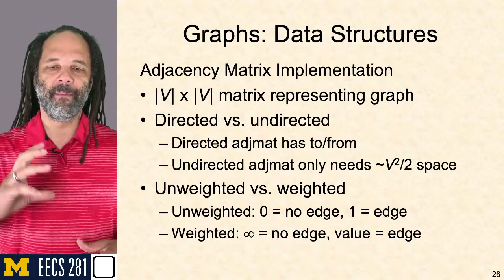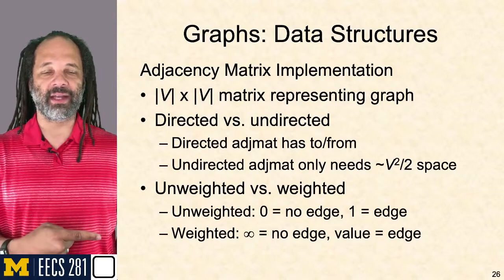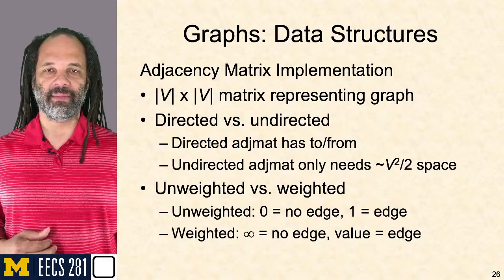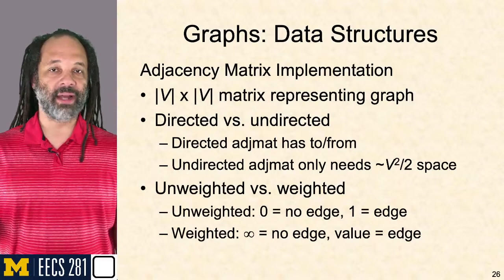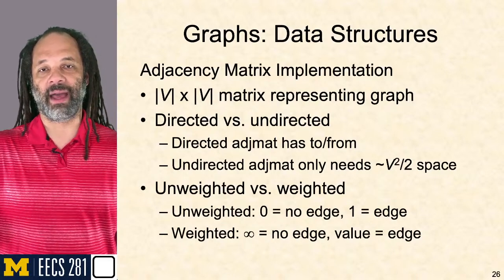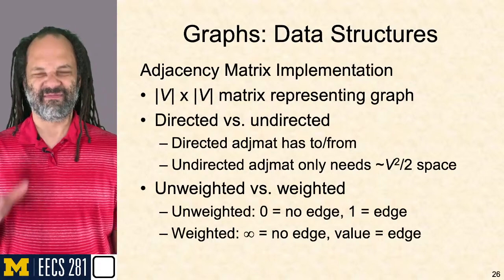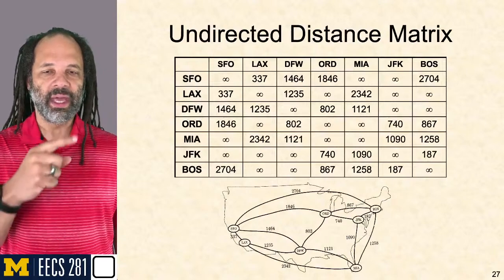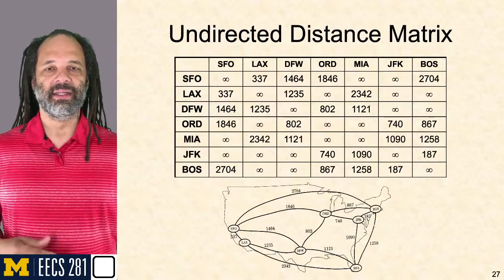So a better way to represent no edge in a weighted distance matrix is to use infinity. Because then I can say, which would I choose? The 337 mile path or the infinity path? I'll take 337, thanks.